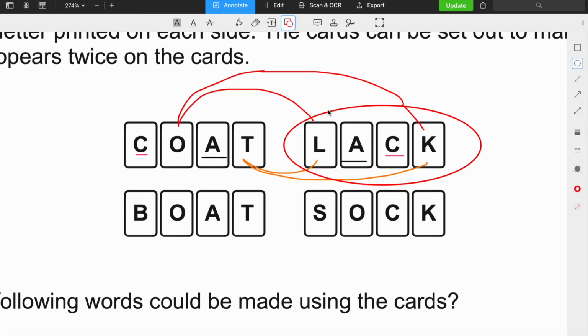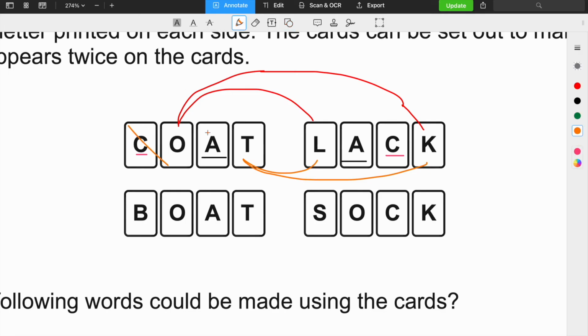L must be with O, because if you compare this first of all, we already eliminated C, A, so just ignore that. So O is either with L or O is with K. Here we know L is either with O or T, in terms of different sides of the same card.